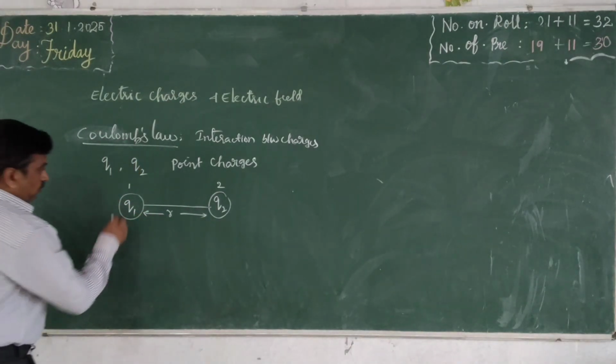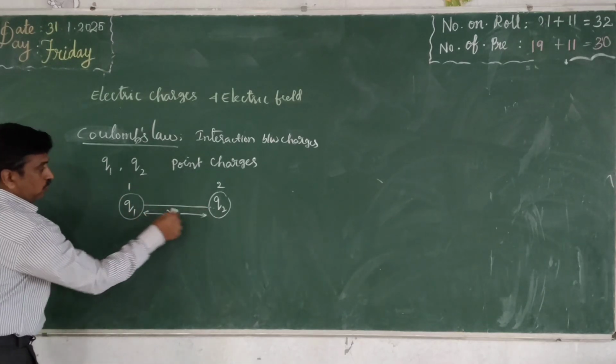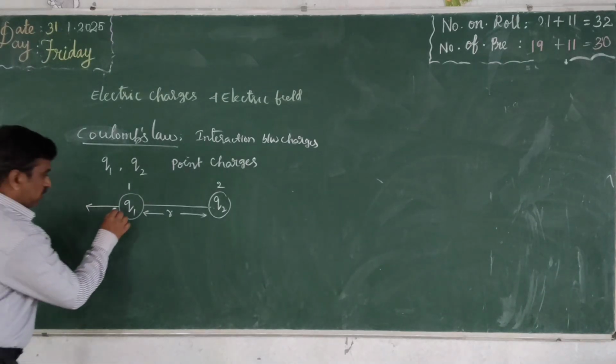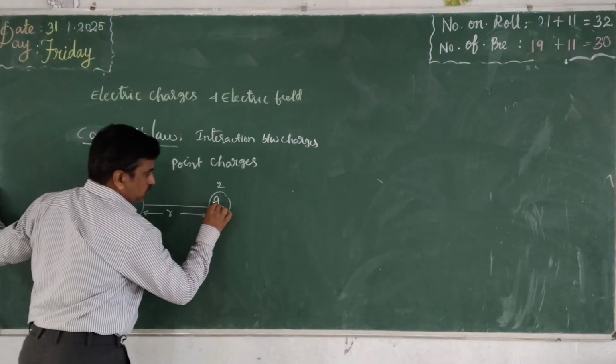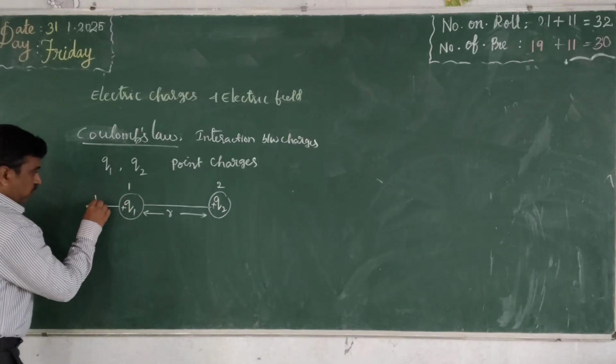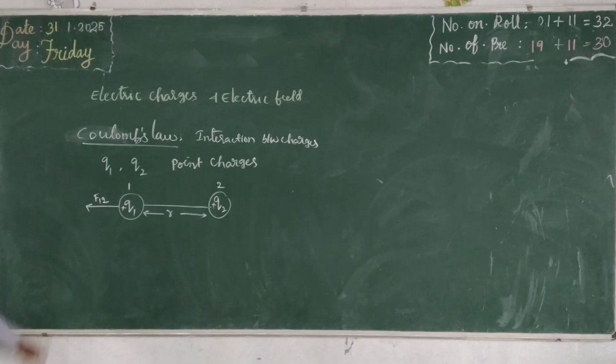See, the force on the first charge due to Q2 will act in this direction. Why? Because Q1 is positive and Q2 is positive. Force on the first charge due to the second one, this is the direction of force.